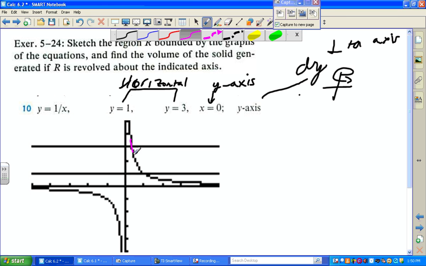So I want this region right here rotated around the y-axis. So yeah, the 1 and 3 would be your bounds of integration. 3 to 1.